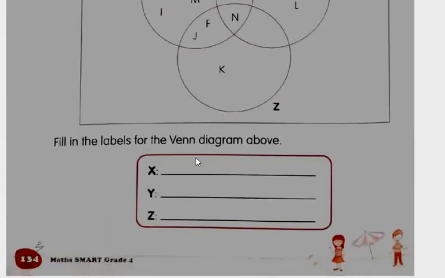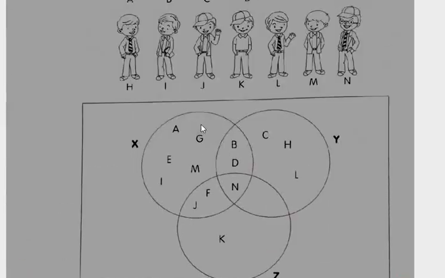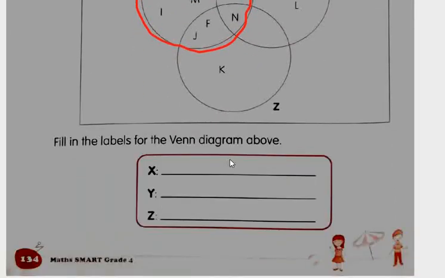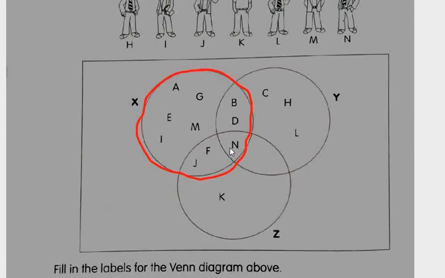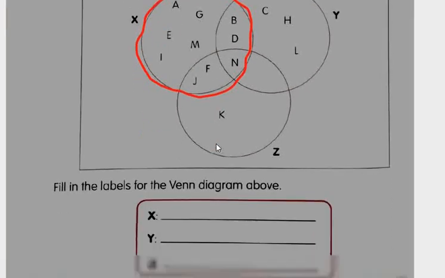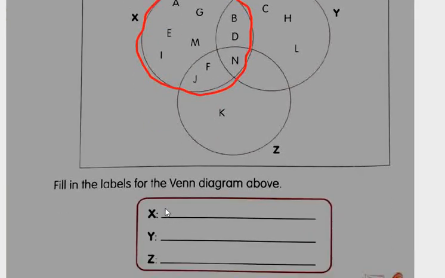So what are the labels that belong to X? So this is X, a full complete circle. Then all of the things that are inside the circle, you have to write them in the space provided.